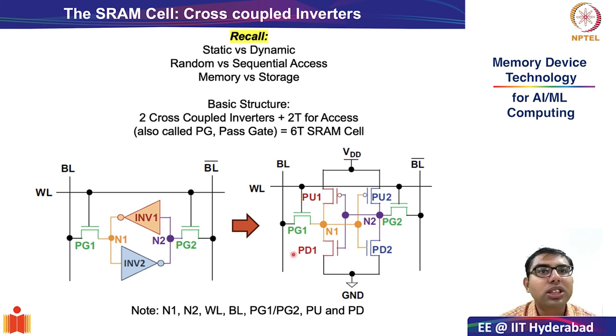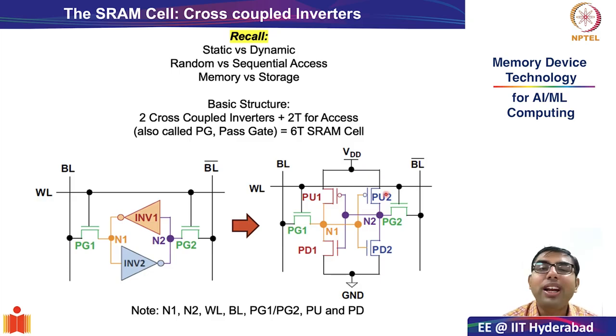From your basic courses in digital or analog CMOS, you may know that an inverter consists of a PMOS pull-up transistor and an NMOS pull-down transistor. They are called pull-up transistors and pull-down transistors because pull-up transistors pin the output to VDD, whereas pull-down transistors try to pull the output to ground. Right? That's why they are called pull-up and pull-down transistors.